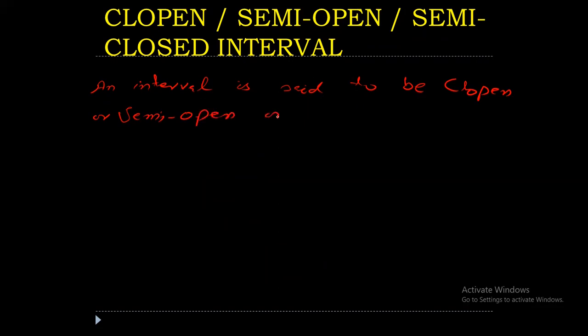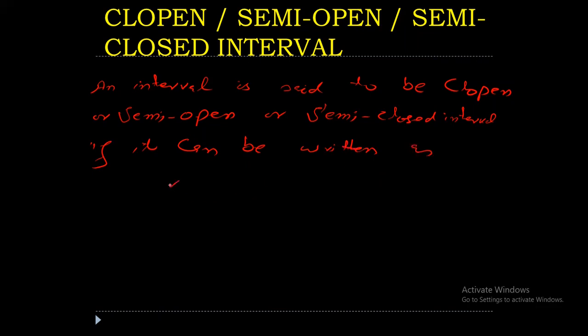An interval is said to be clopen or semi-open or semi-closed if it can be written as, so be careful while writing the brackets in case of clopen or semi-open or semi-closed interval.